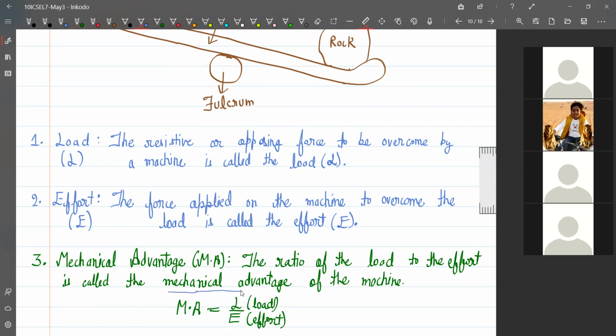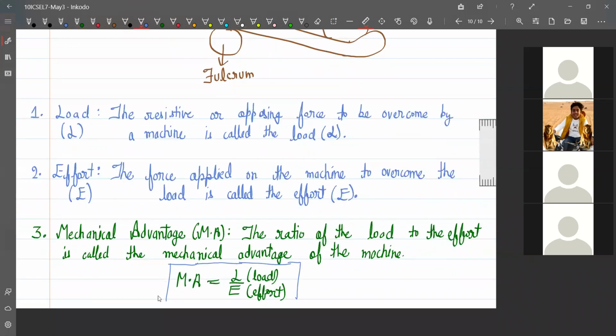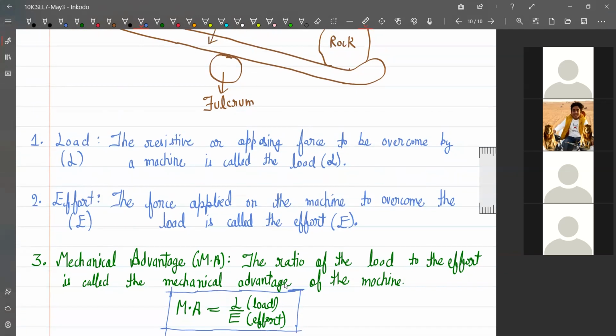Suppose I ask you the definition in the exam, in the test. Besides writing the definition, you should also write this equation. That will have a good impact on the copy checker, the examiner. Okay, note this down. Since both of them have the same unit, the units get cancelled, and mechanical advantage has no unit.